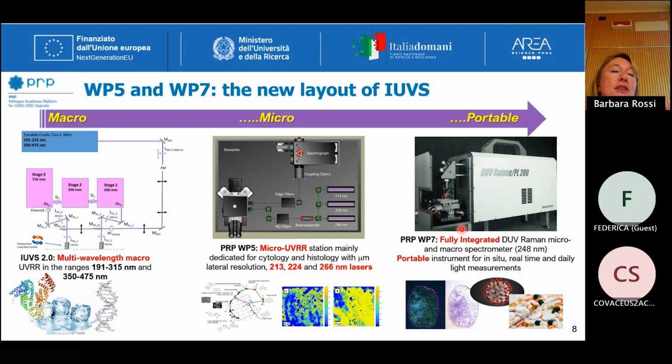The characteristic of this instrument is that it is possible to measure in situ, in real time, and in daylight. This means that you can move this instrument for measurement directly in situ, for example, on the surface, in the detection of pathogens, or for other similar experiments.